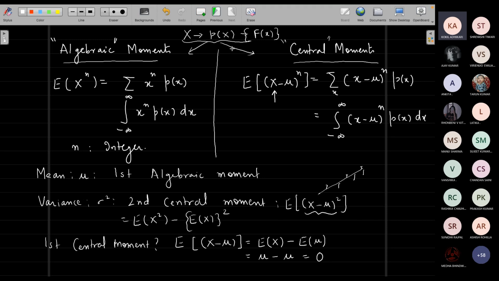Now, some of you will be doing the experiment on counting statistics, where you will be checking whether the counts you are getting from the Geiger-Müller counter come from a Poisson distribution or not. In order to do that, all you are going to do is plot a distribution, find the mean of the distribution, find the variance of the distribution, and check whether it is consistent with theoretical predictions.